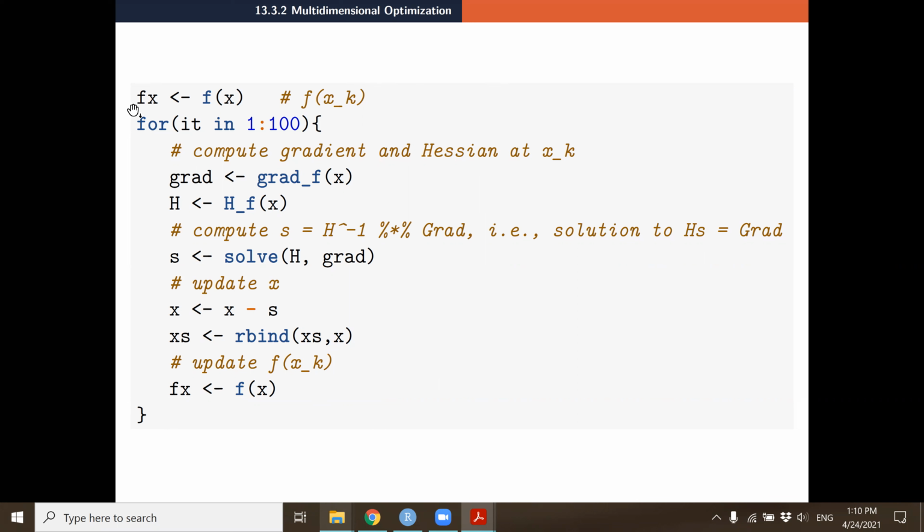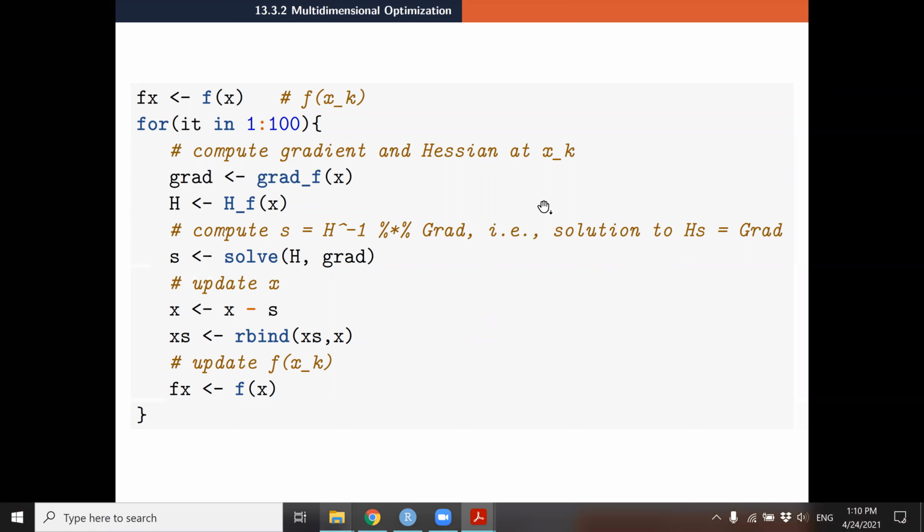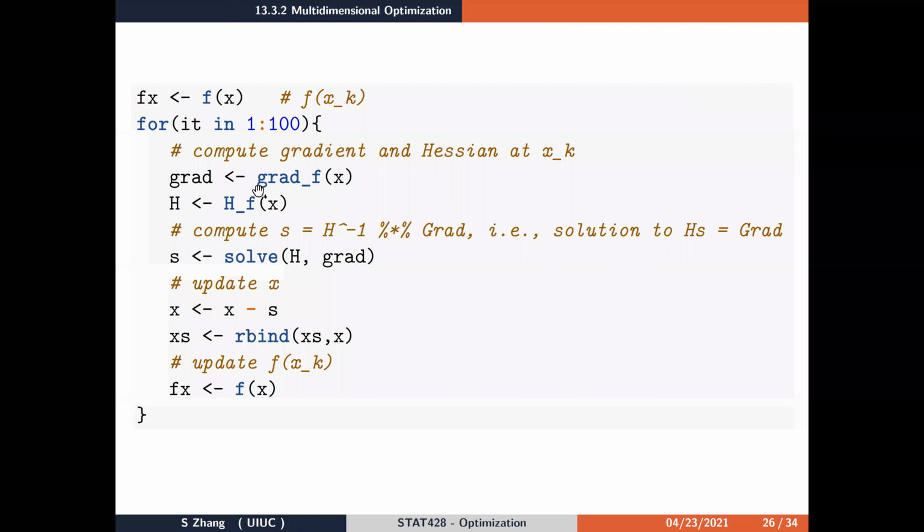We begin by evaluating the f function at the initial value x, which is set to 5 and 5. In each subsequent iteration from 1 to 100, we will first evaluate the gradient and the Hessian at the current x value.